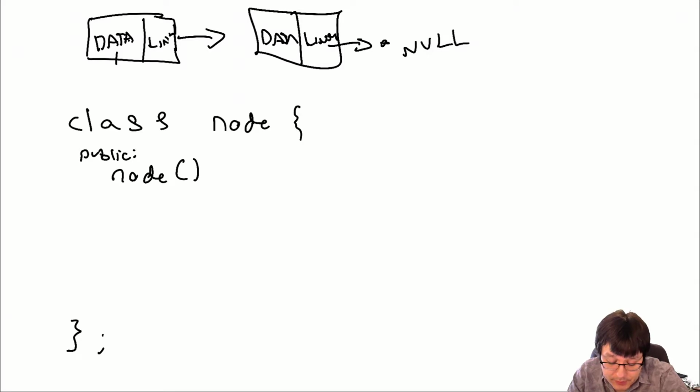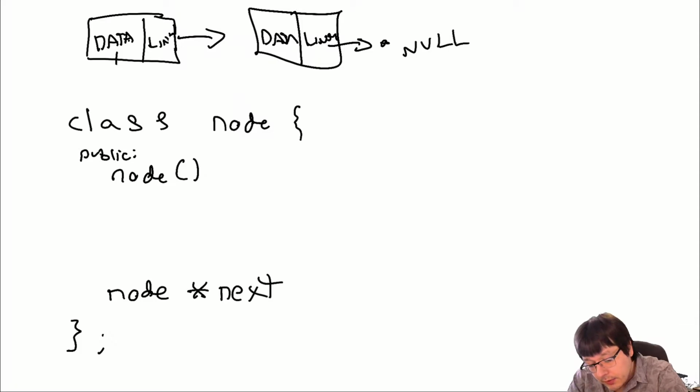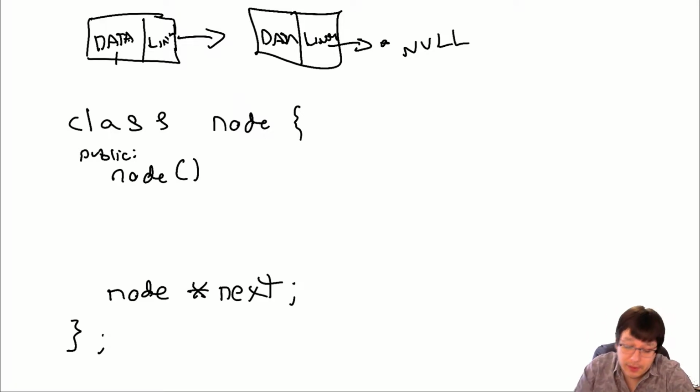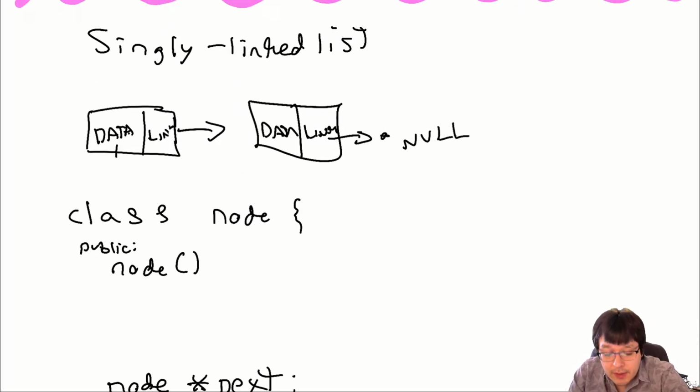But yeah, so let's make the link component. Another name for a link that you typically will see, and at least I love using it, is the word next. So I like using next instead of link, but whatever, it doesn't matter. You can call it potato for all I care, although self-commenting code is a good thing to do. And then your data component. In this case, let's say that we wanted to make it a template.